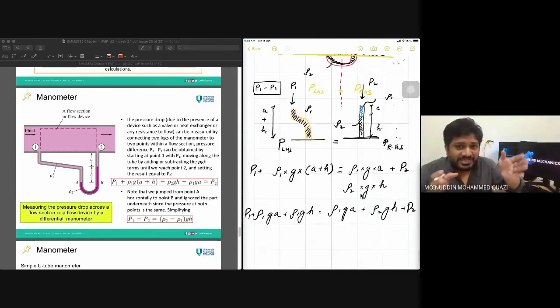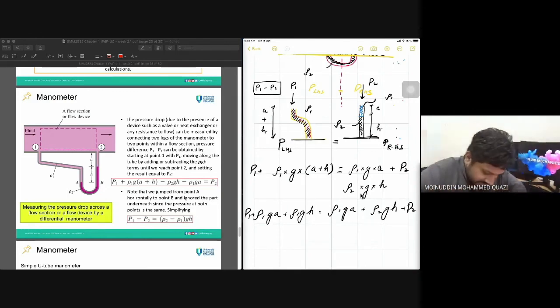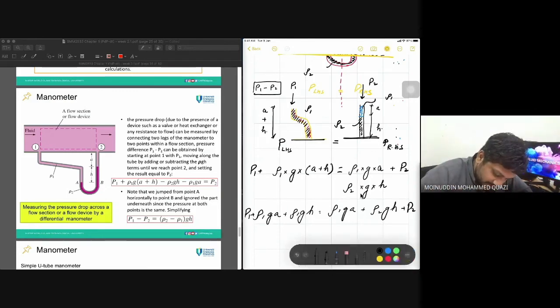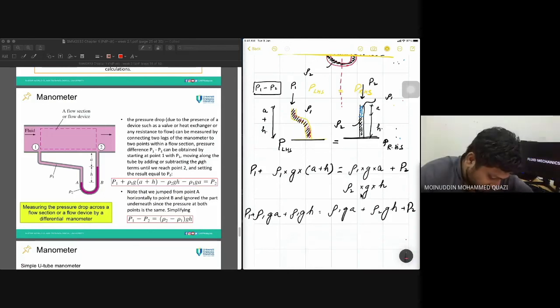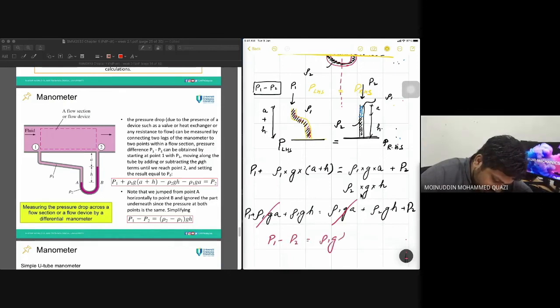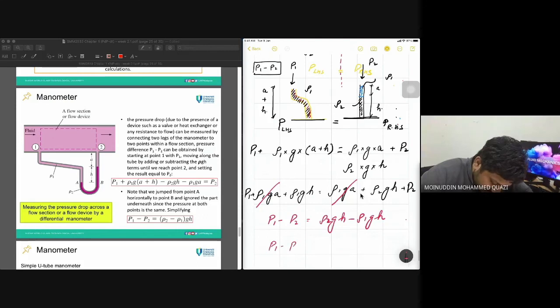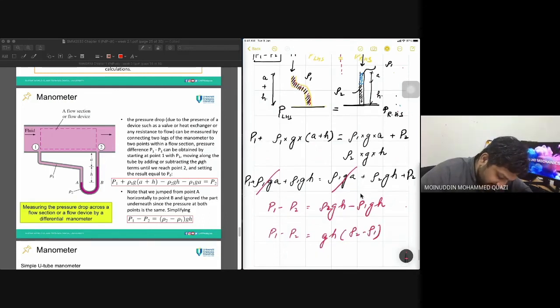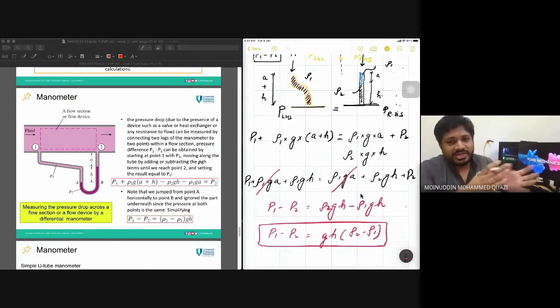So pressure difference P1 minus P2. What is the pressure difference P1 minus P2? First we cancel the common term. So rho 1 g A cancels. So P1 minus P2 is equal to rho 2 g H minus rho 1 g H. Okay, so P1 minus P2 is equal to g H times (rho 2 minus rho 1). So if I want to find a pressure difference with the help of a manometer, this is how I can calculate pressure difference.